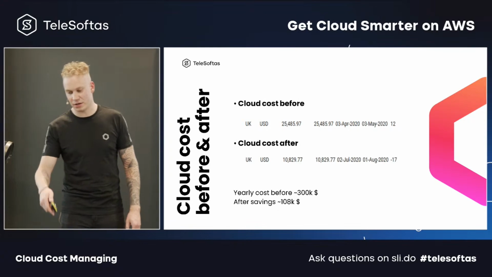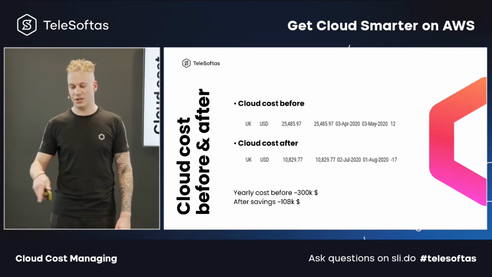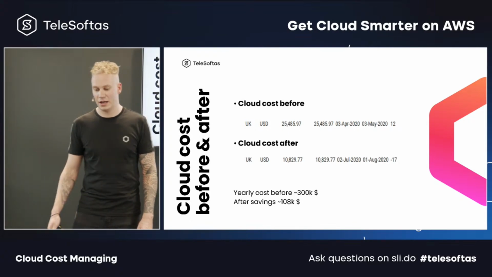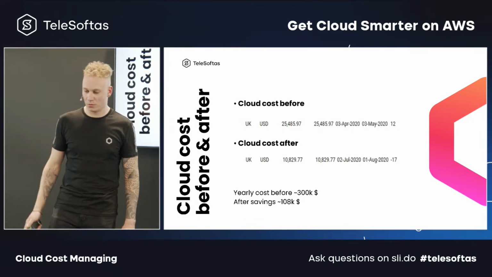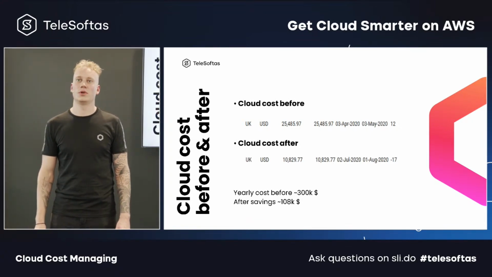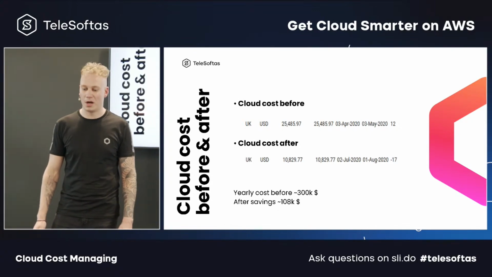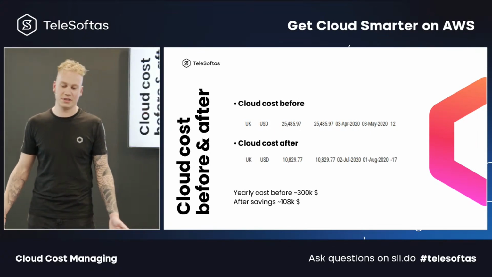Then three months later, at the end of July, it was already down by $20,000. Because a few accounts weren't linked, it was $30,000, and you saved $20,000 every single month in two months just by implementing a few simple cloud saving tips.